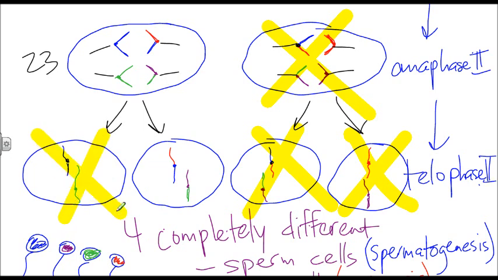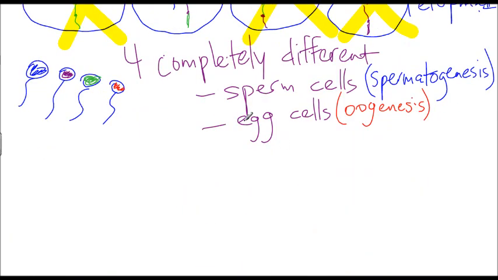So at the end, in female cells, for the egg cell, only one egg gets formed, while by the end of meiosis 2 there are four possible sperm, four possible sperms with all completely different genetic material.